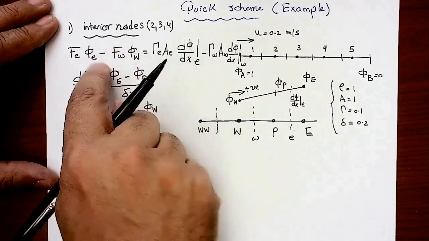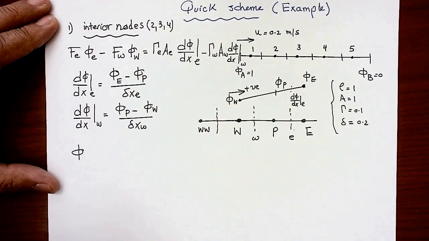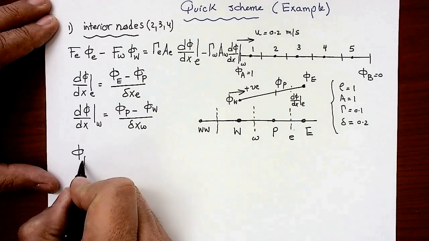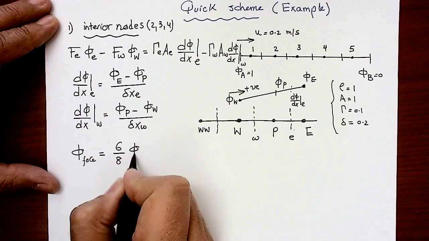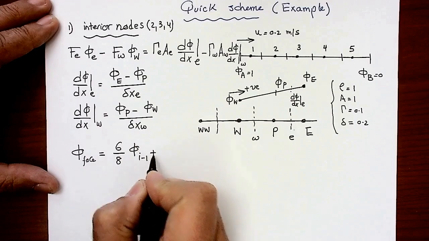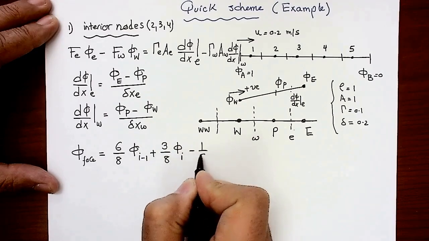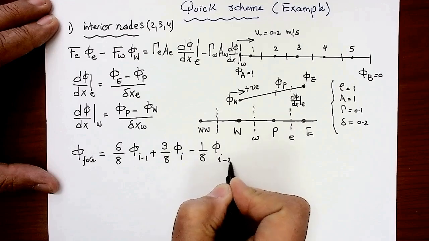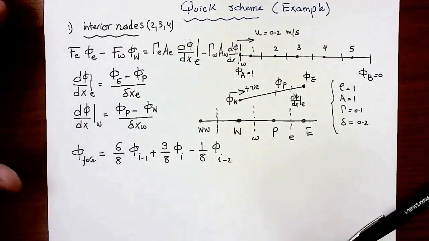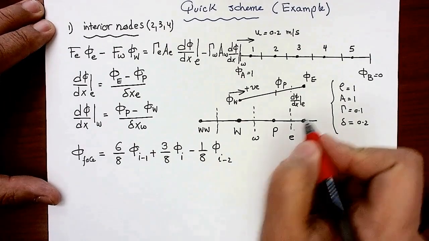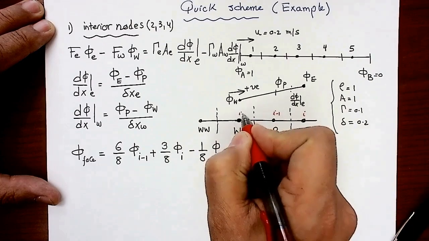Now for the approximation of the convection terms, phi east and phi west, for the QUICK scheme, we know that phi at the face is simply equal to 6/8 phi I minus 1 plus 3/8 phi I minus 1/8 phi I minus 2. So you pick the face, and label the next point as I. If I'm looking for the east face, I'm going to call this I, this is I minus 1, and this is I minus 2.